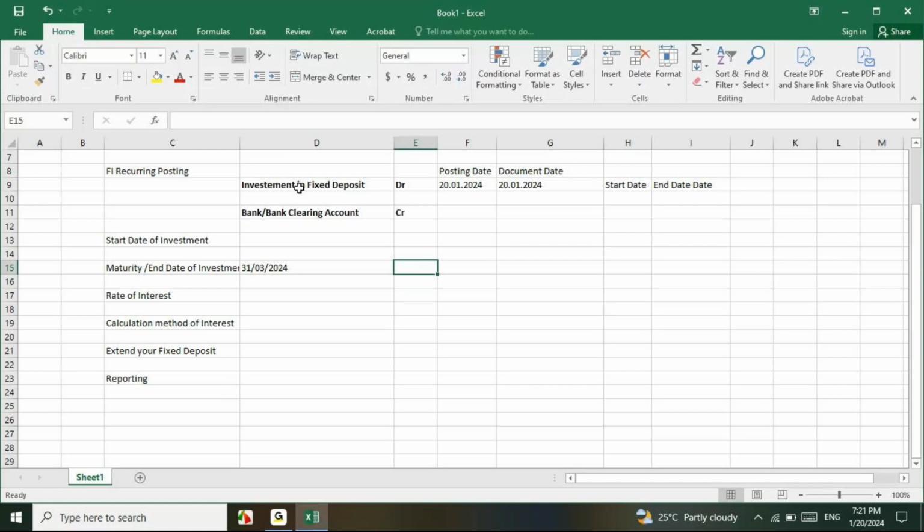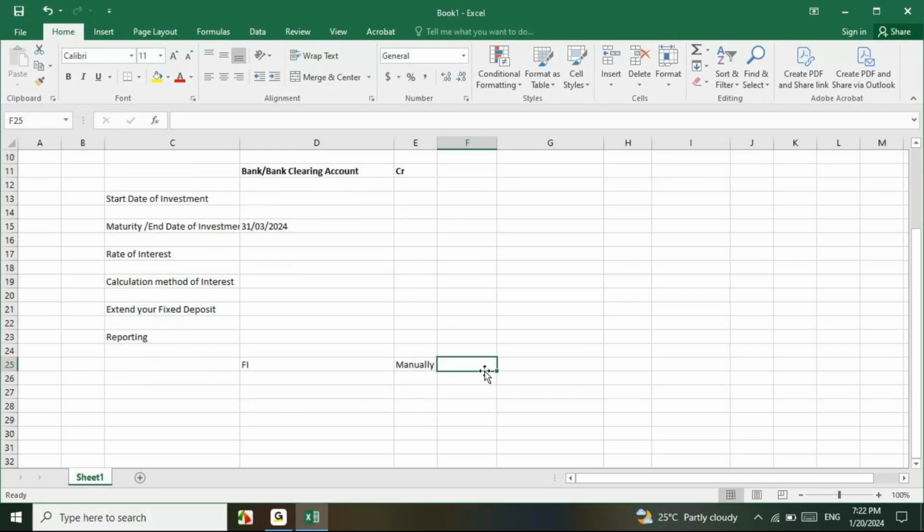Every time you have to do the accounting posting manually. You can maybe create some accruals or recurring templates, fine, I agree with that. Maybe the initial entry can be automated. Correct.